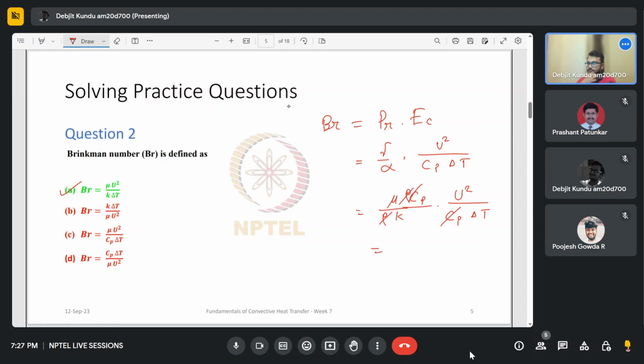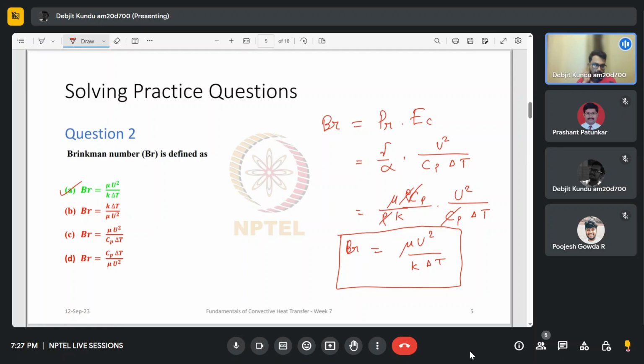All that remains is mu into u square divided by k into delta T, which is option A. That's why option A is correct.